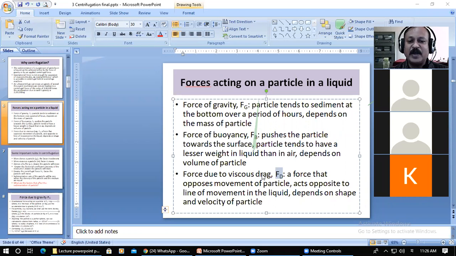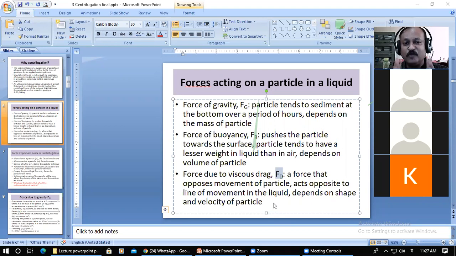Similarly, when a particle starts sedimenting down in the liquid, it will experience a force acting in an opposite direction. That force will depend upon the velocity of the particle. The more the velocity, the more the force it will experience, and the less the speed, the less force it will experience.